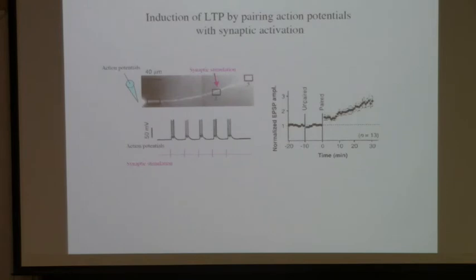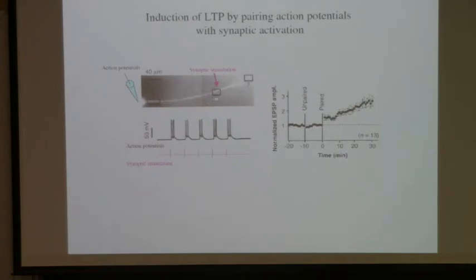And one of those guys at that time made the following experiment, and it was cool. Here you have a pyramidal neuron. They fill it up with a fluorescent dye so they can see it. This is the soma, and this is the dendrite.